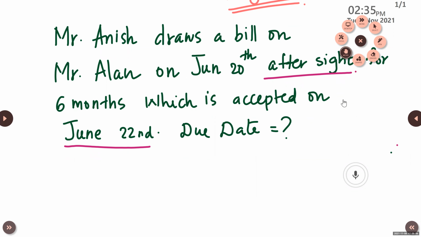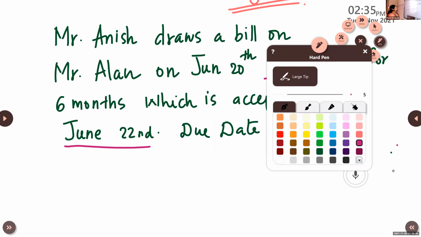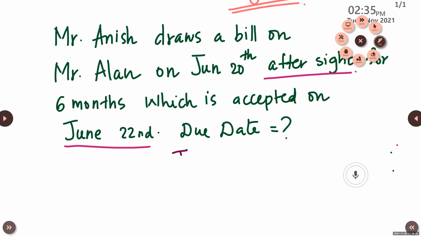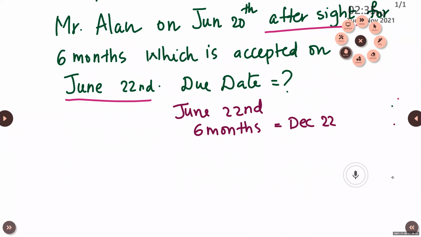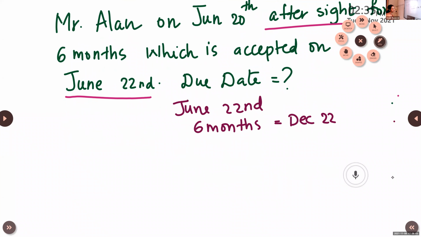From date of acceptance, June 22nd, and period of bill 6 months, December 22nd, and 3 days grace. So it will be December 25, but December 25 is a holiday. Preceding day is 24th. Alan, you heard, no? Yes, ma'am. June 22nd, after 6 months, falls on December 22nd, plus 3 days.